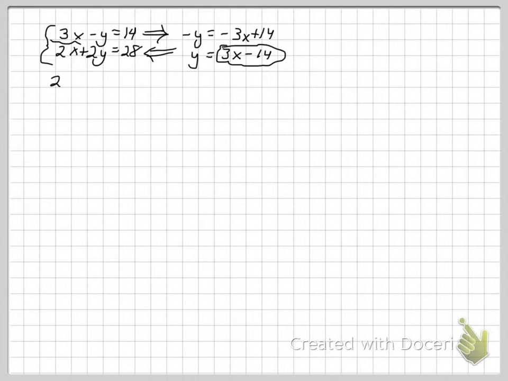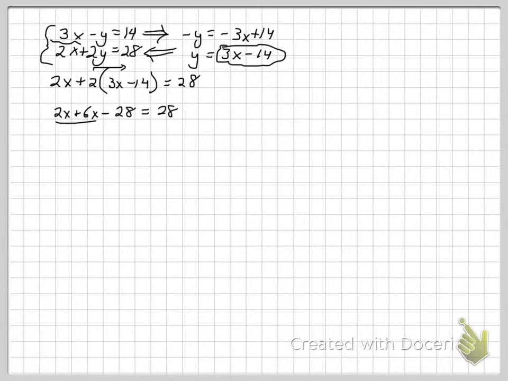So this would be 2x plus 2 times the expression equals 28. Distribute. Combine like terms. Move the negative 28 to the other side by adding.